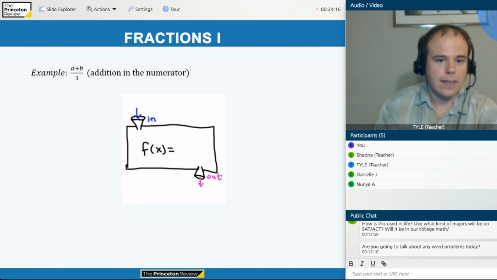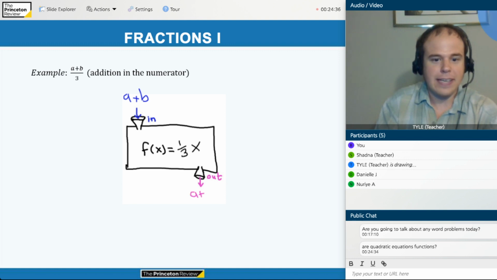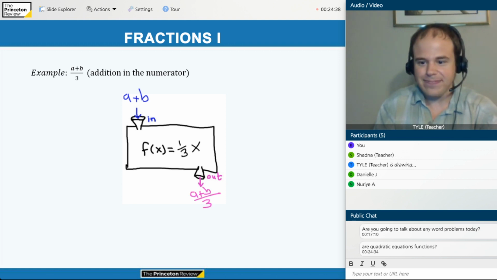Well, the inputs are still a plus b. We're dividing them by 3. So f of x equals 1/3 x, or equivalently x divided by 3. The inputs, like with all of these, are a plus b. And the outputs, we're getting a plus b all divided by 3.